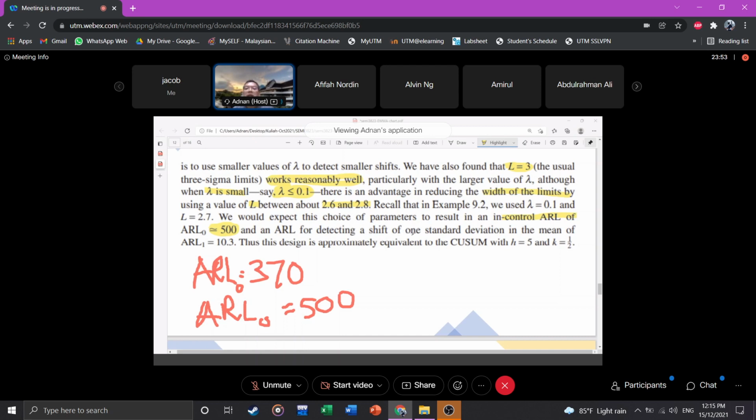It says here that for a one standard deviation shift in the mean, the ARL for the unstable process is 10.3. If we compare to CUSUM, remember that we also have CUSUM, this is equivalent to CUSUM having the design parameters of H equal to 5 and K equal to 1/2.